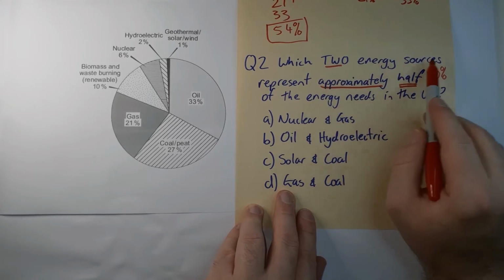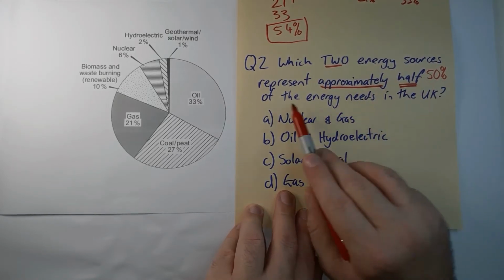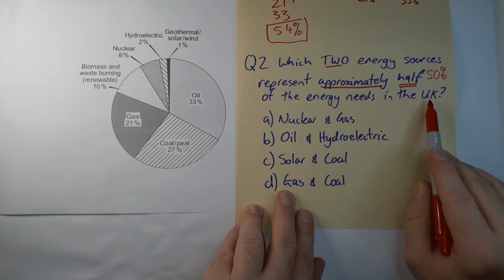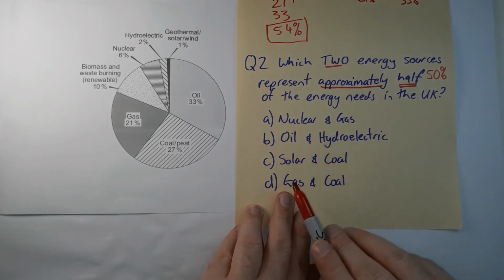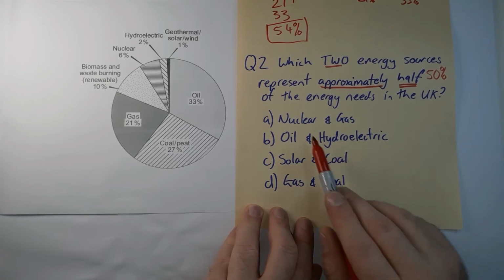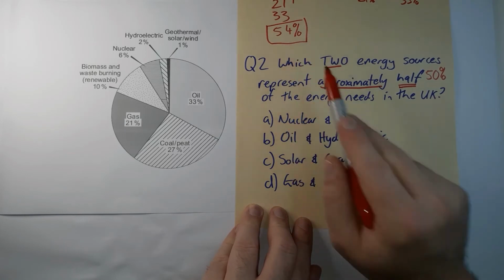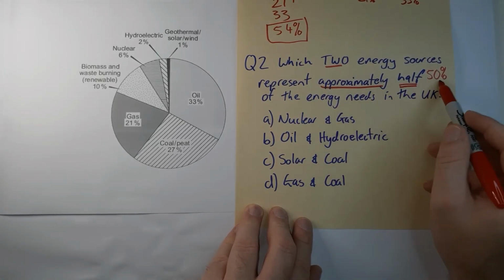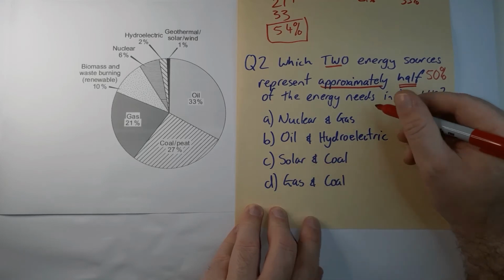So I want 2 energy sources that are about or approximately 50% of the energy needs in the UK. All I have to do for the 2 energy sources in each multiple choice option is to calculate, much like we did for question 1, their total energy and see if it's approximately 50%. So if I have a look at these, I'll quickly add them up.